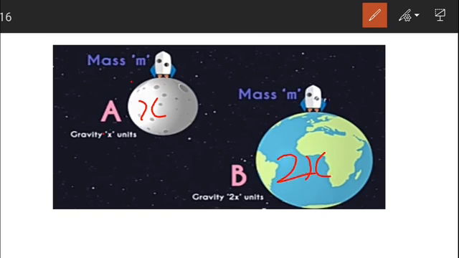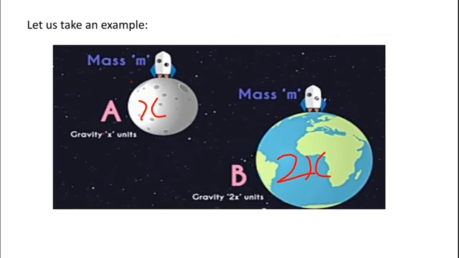It means it is 2 times stronger as compared to the gravitational pull of place A. Or we can say the weight of the object on place B is 2 times more than the weight of the object on place A. So I hope, students, it is clear to you what weight is.